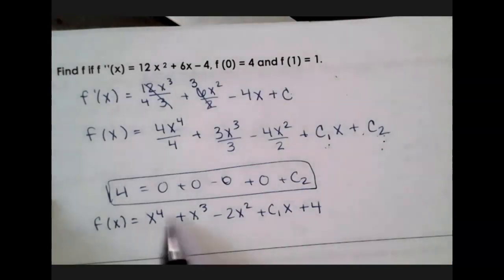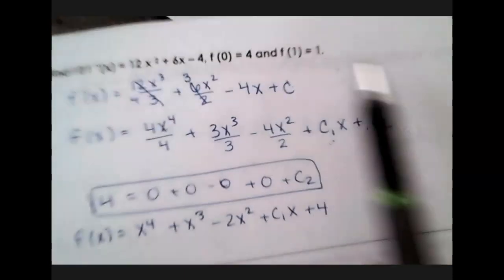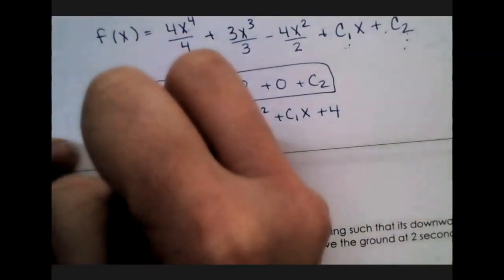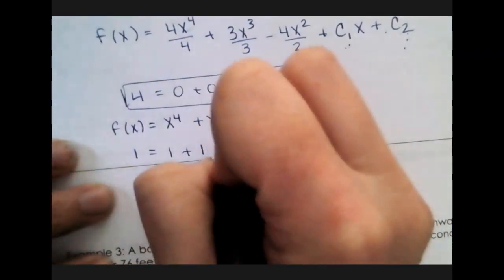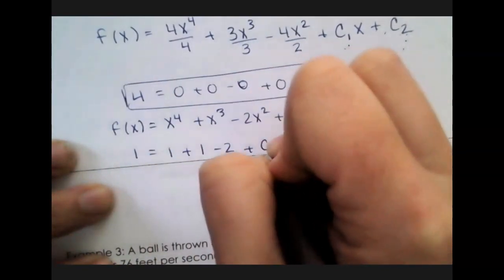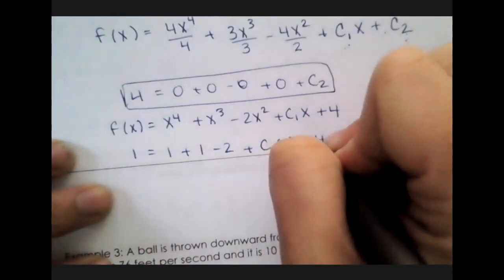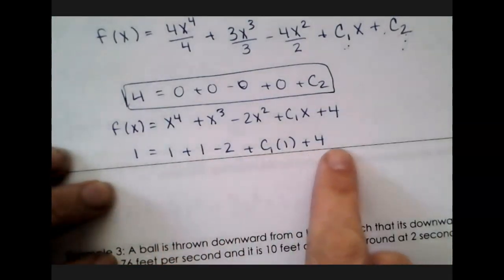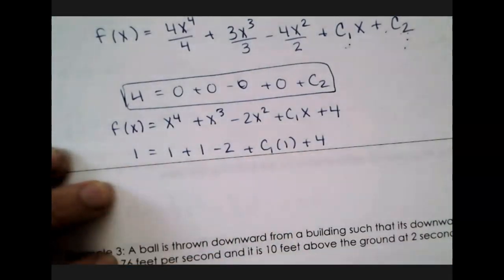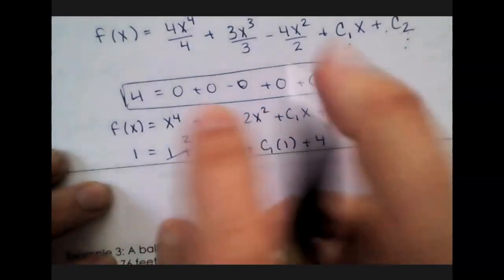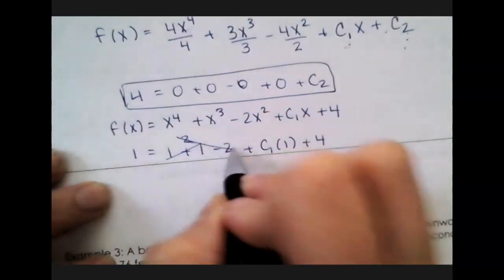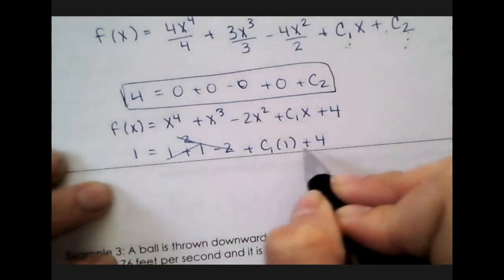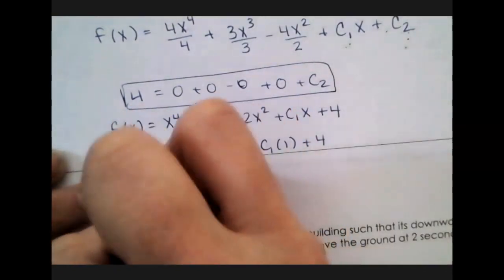So now we're going to use the initial condition 1, 1 to find C1. So we have 1 plus 1 minus 2 plus C1 times 1 plus 4 equals 1. So 1 plus 1 is 2, but 2 minus 2 is 0. So then we have C1 plus 4, so we're going to subtract 4.